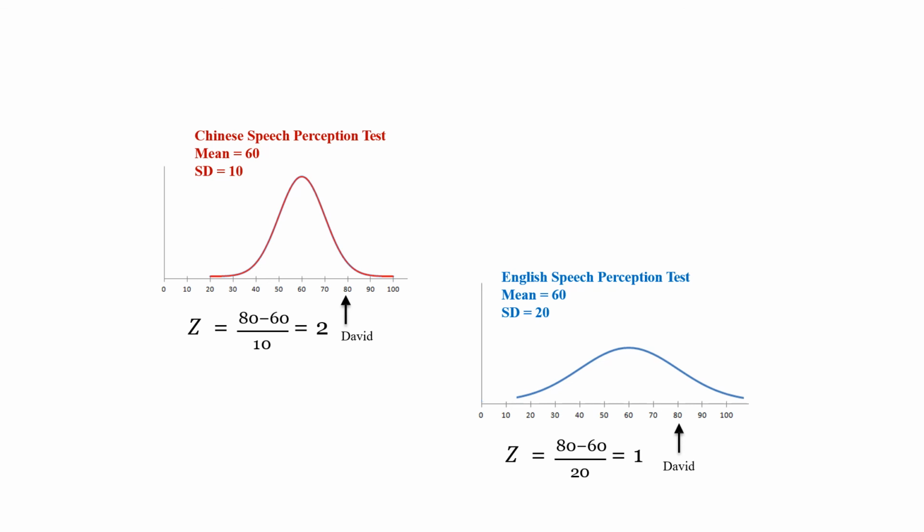We know that 2 standard deviations above the mean means that he performed better than 98% of the other people in the group. But if we look at the English speech perception test, the Z score is only 1. So that means that he only did better than 84% of the whole group. So this is very interesting.